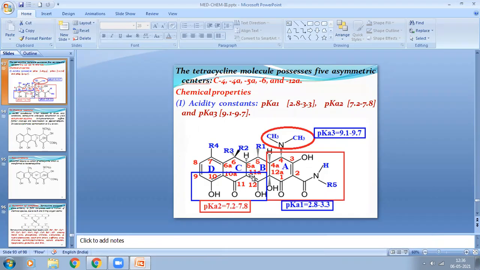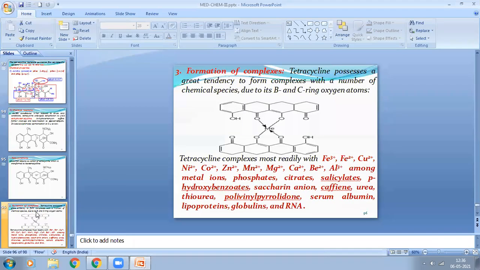Here the oxygen is in the form of a ketone, and here this oxygen is present in the form of a hydroxyl group. So due to this, it has a tendency to form a complex, because oxygen or OH are electronegative atoms; they can form a coordinate covalent bond.